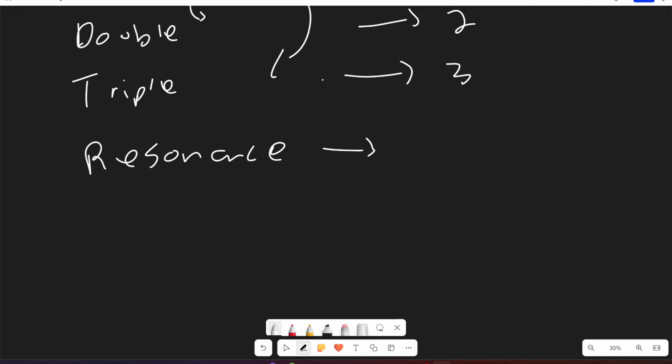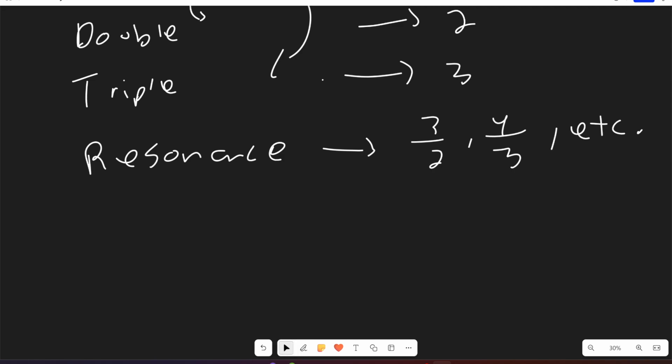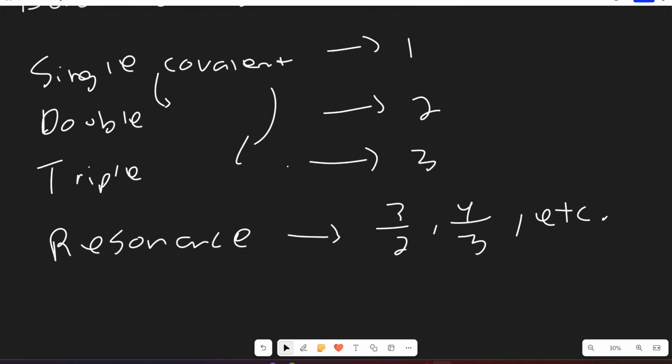So we can have 3/2 order, or let's say 4/3. Anything like that. It can be a fraction as well. That's for resonance. So if you have resonance, you're just going to average the bond orders, and then that will give you your overall bond order between all those resonance structures.